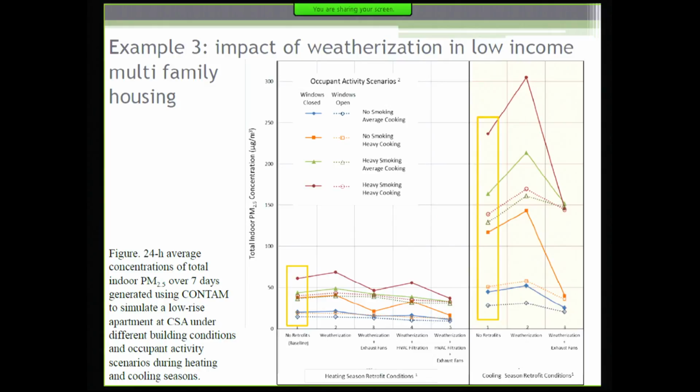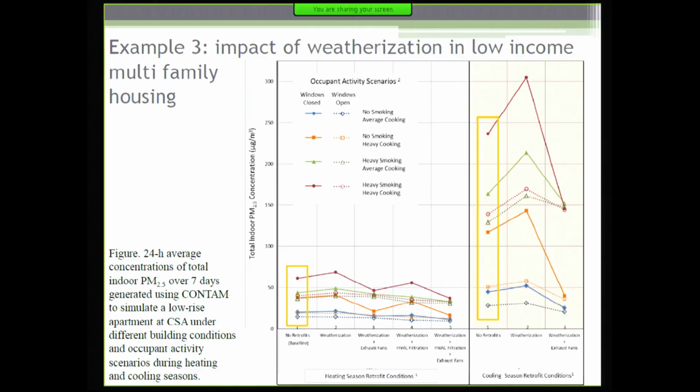The heating season is the first panel, the cooling season the second. The first thing to note is that the concentrations are really different. During heating season, the HVAC system has a filter in it, reducing PM 2.5 concentrations, whereas in the summer there's no filtration system, so it's only natural ventilation. So that's a difference in concentrations.